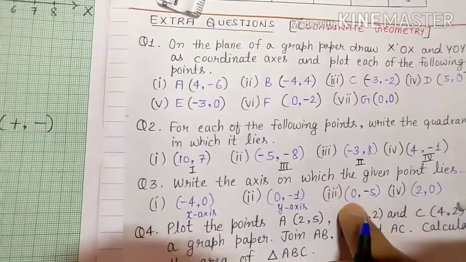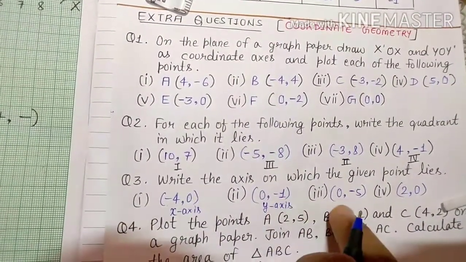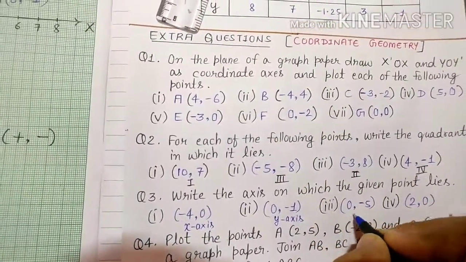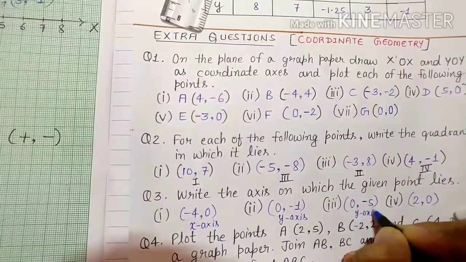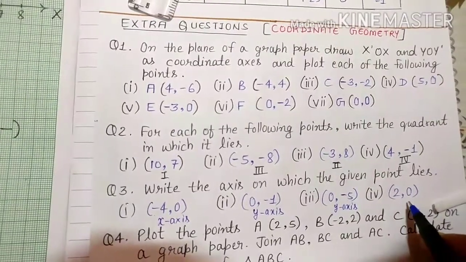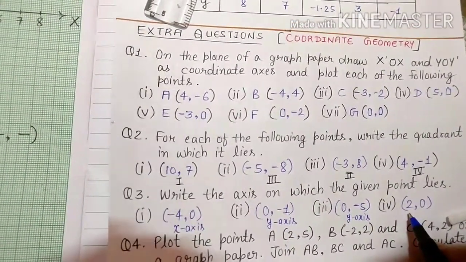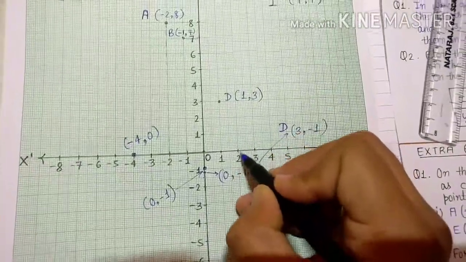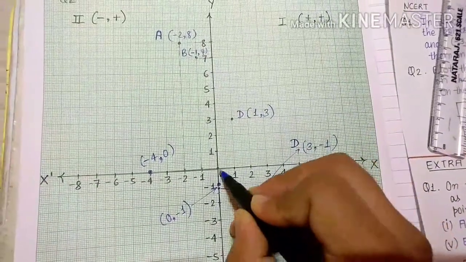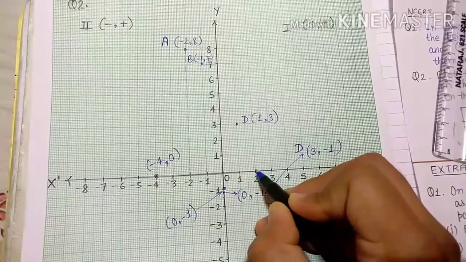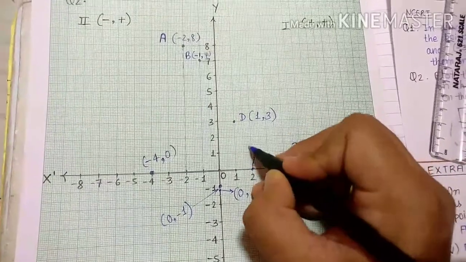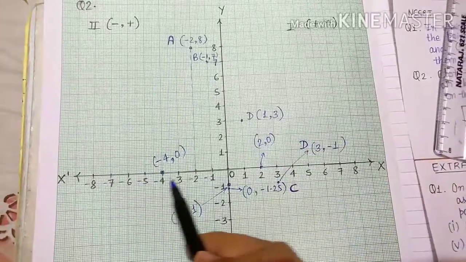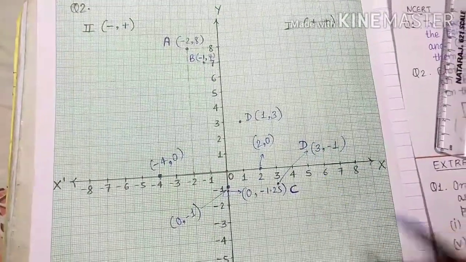Same as this one: x is 0 and y is minus, so it will also come on the y-axis only. Then the last, 2 comma 0. 2 is x and 0 is y. 2 is positive, so it will lie here only, and 0 is the y coordinate. So this point, 2 comma 0, lies on the horizontal line, the x-axis only.